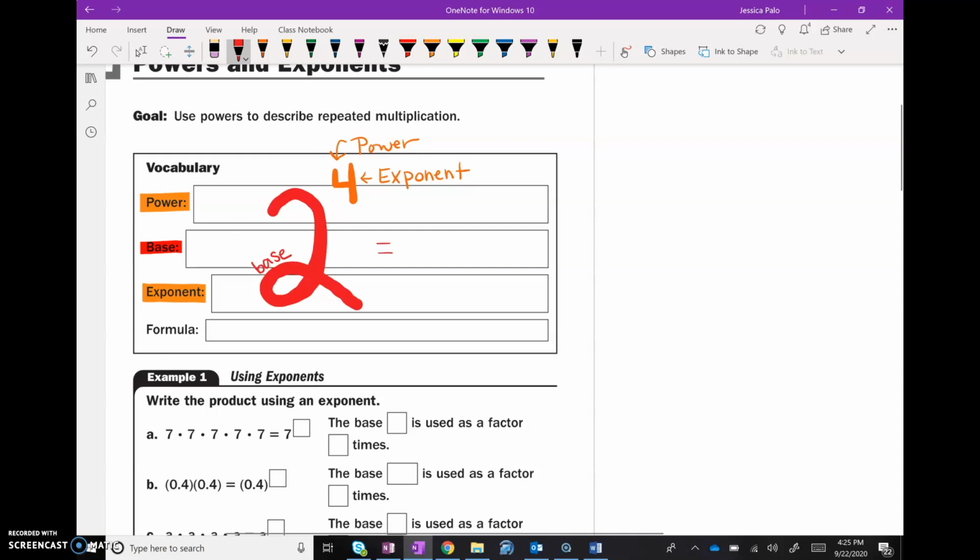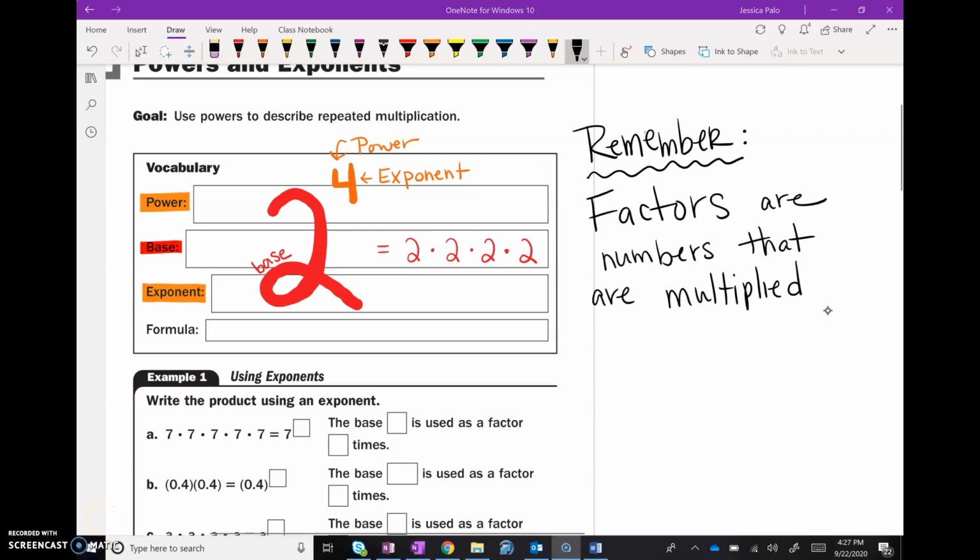So since we have 2 to the 4th power, that means 2 is going to be used as a factor 4 times. 2 times 2 times 2 times 2. Remember, factors are numbers that get multiplied together.